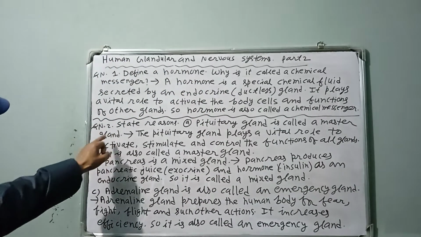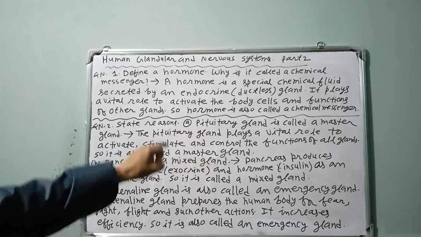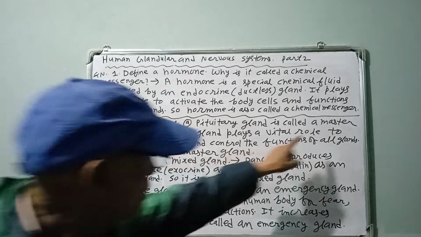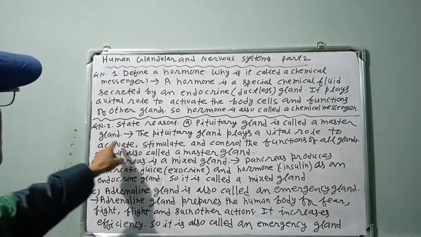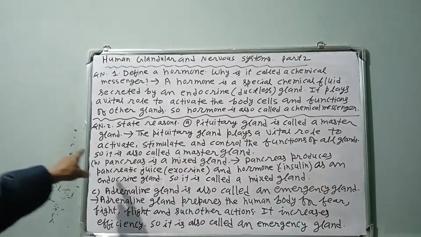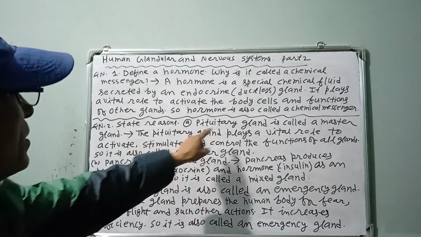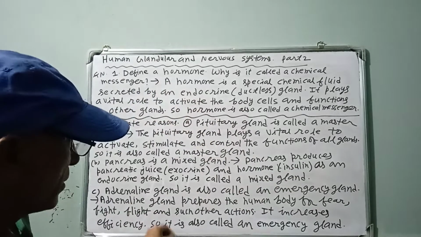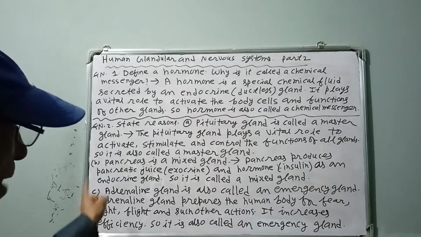Question number 2. State scientific reasons. Pituitary gland is also called a master gland, just by the word master. Remember, the pituitary gland plays a vital role to activate, stimulate and control the functions of all glands and its own gland also. आफैले पनि.